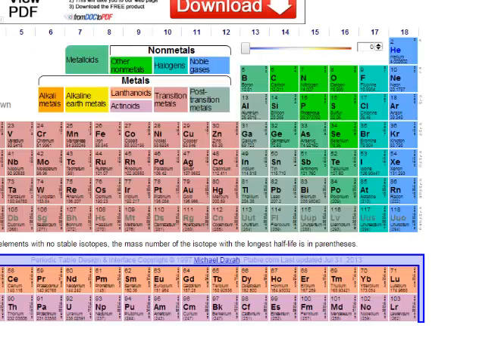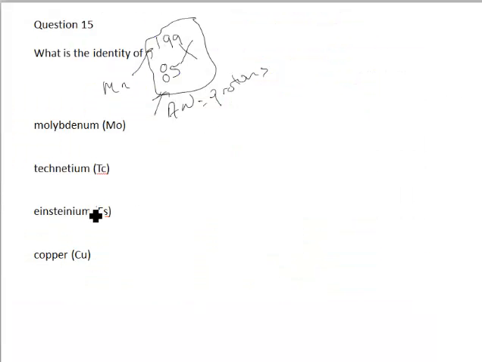So if I switch over here, I go down here and I look for atomic number 99 down here, ES, Einsteinium. Doesn't tell us what the mass number is, doesn't have to, because we identify elements by their atomic number and the number of their protons. And in this case, that is Einsteinium. That's question 15.